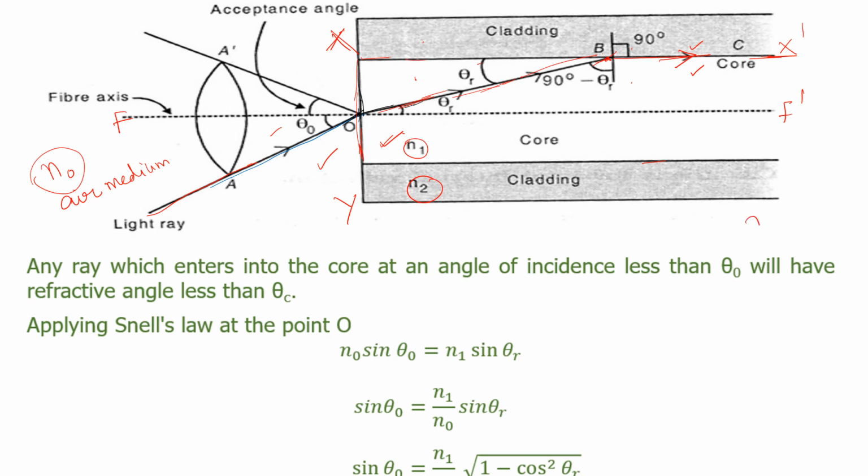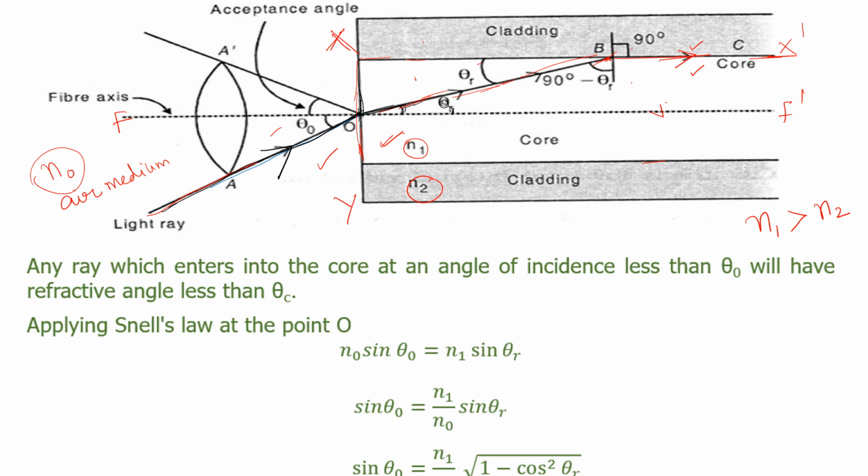Here the refractive index of core is taken slightly greater than the refractive index of cladding, so that the light can undergo total internal reflection. But here the point is, light travels from the air medium along AO, then it falls at the XY interface and gets refracted, the angle of refraction is theta r here.